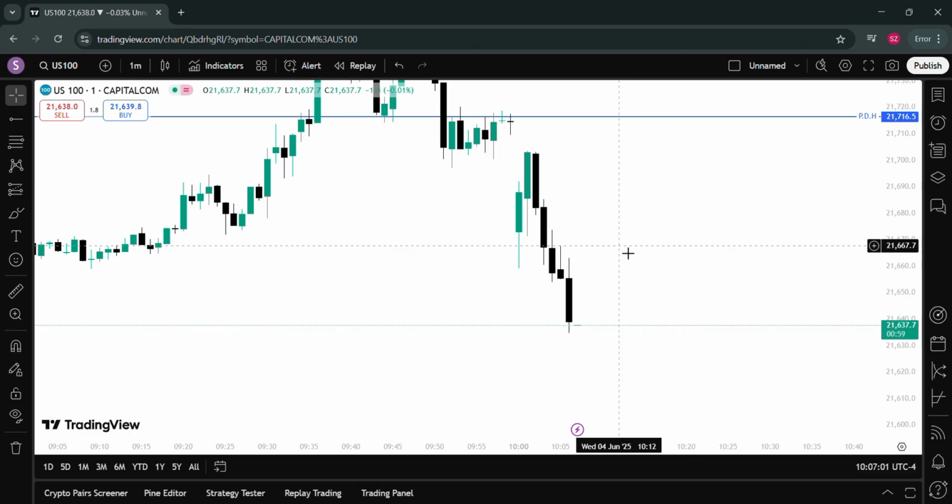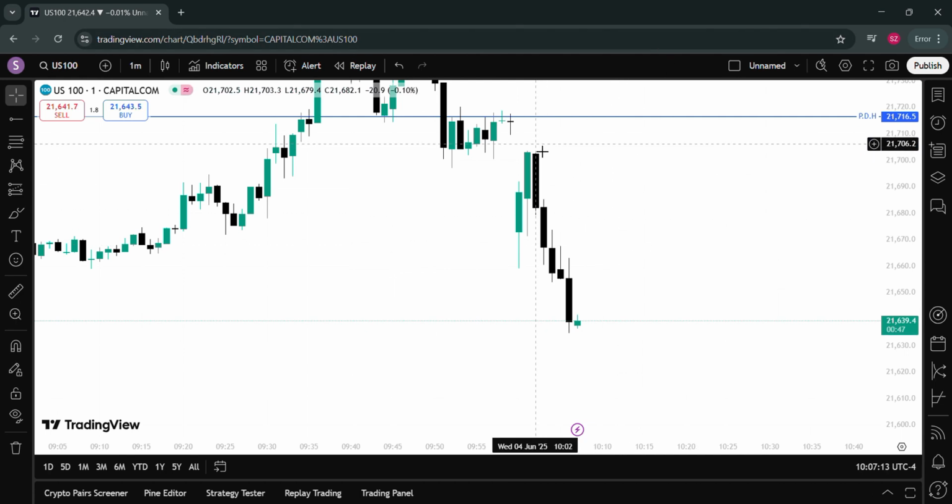Price is still crashing. I think it will take the sell side liquidity and then pump to fill up this gap. Price does not like leaving gaps. Most of the time it always fills up the gaps.